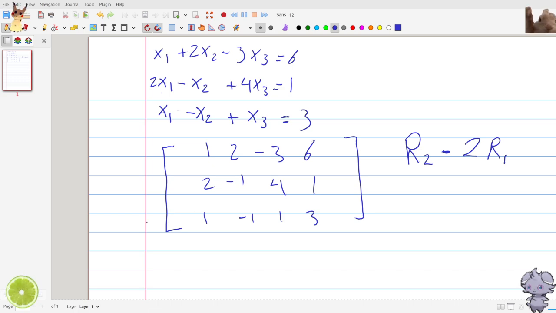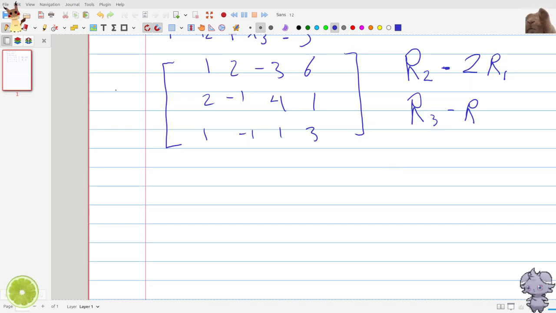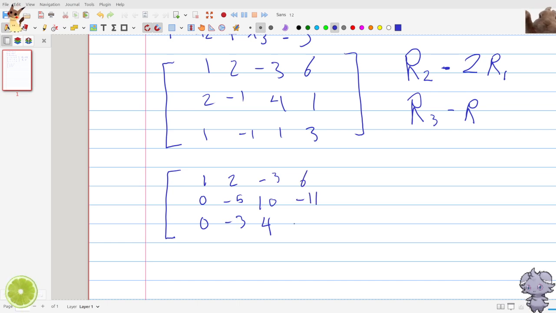And also for row 3, we take row 3 and subtract the first row, just without multiplying, just subtraction, and that will give us this matrix: 0, 0, 2, minus 5, minus 3, minus 3, 10, 4, and 6, minus 11, minus 3.